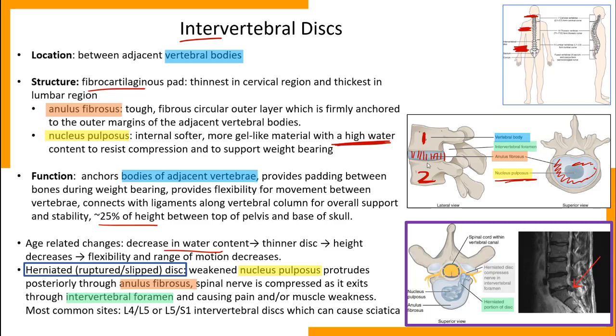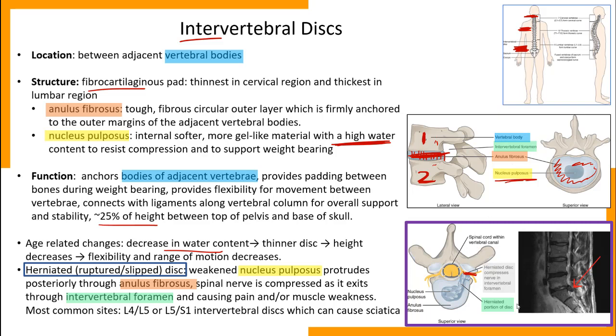Not only does grandma shrink, grandma can't move from side to side or bend over as easily as a 20-year-old. And the other thing is, as the intervertebral disc gets thinner, there is a gap between the adjacent bodies, and then the spinal nerve can actually be trapped and compressed and cause a lot of pain.